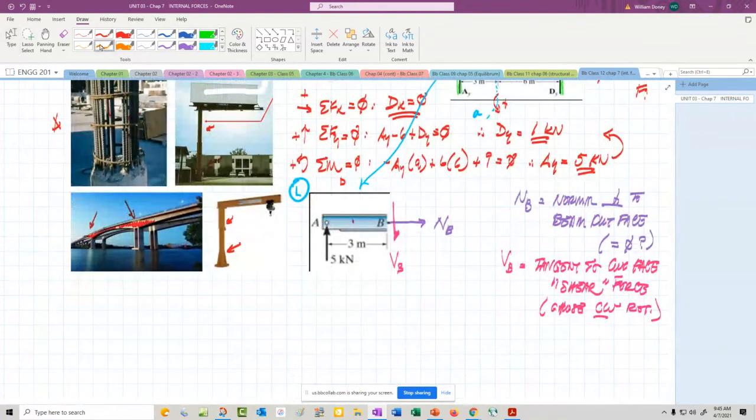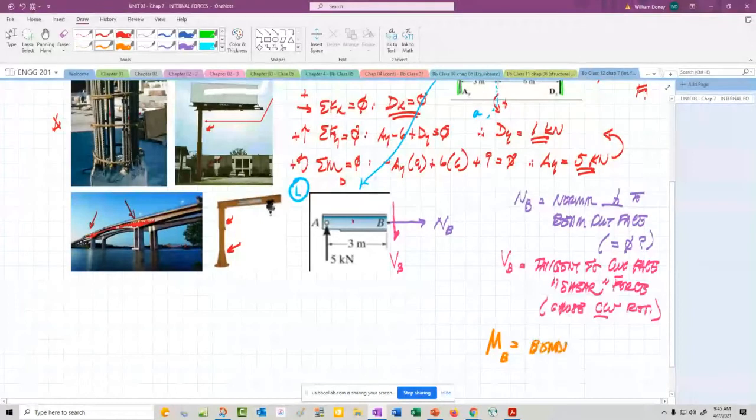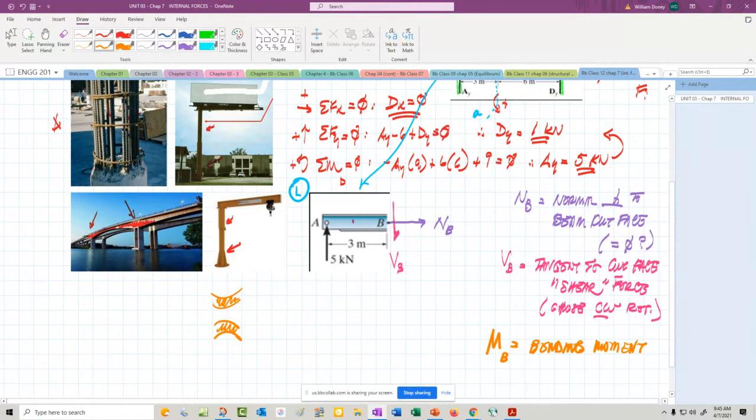The last one is called the bending moment. That's where this is trying to bend, upwards or downwards, as a beam. It sets up a moment there, and the moment is going to have this orientation, MB. We want it to basically cause a smile in the beam for direction.